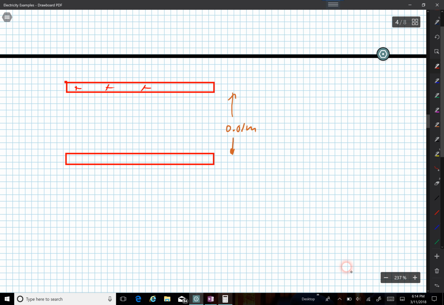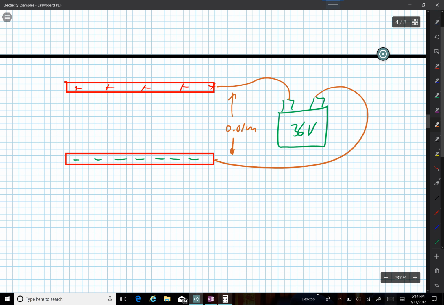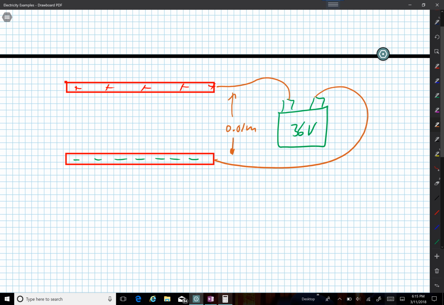These are our positive plate. This is our negative plate. And we got the 36-volt battery. Right, and we know that we've got an electric field here.